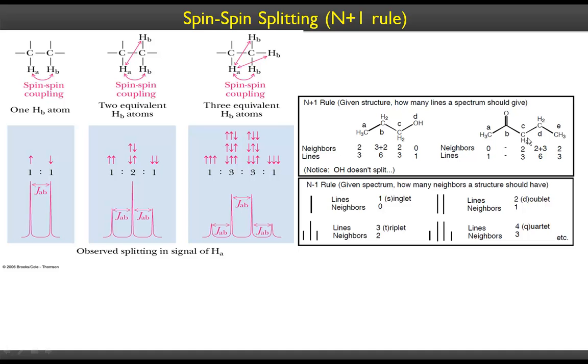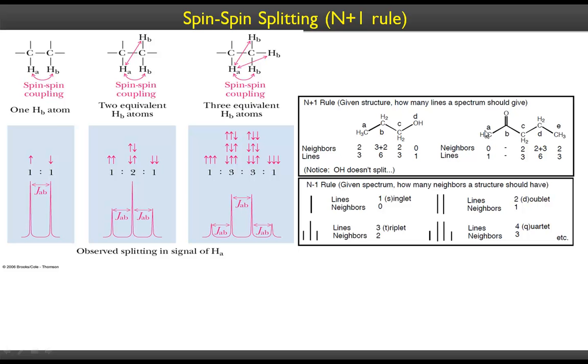It has two neighbors, plus there are three neighbors on the other side, so I have to look on both sides to count the number of total neighboring nuclei. So this has 5 neighboring nuclei, so it splits in 6 ways. So this gives a sextet, this gives a quintet, this gives a triplet because it has 2 neighbors.